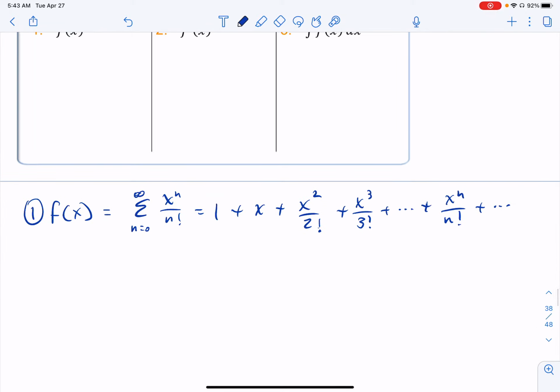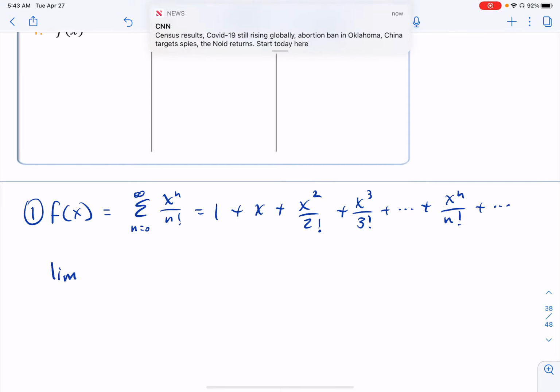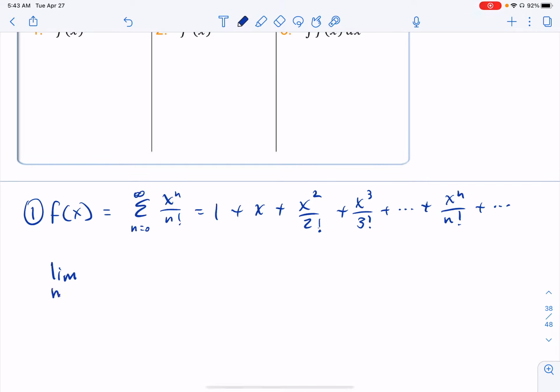Now, in order to find the interval of convergence, we must perform the ratio test. Limit as n goes to infinity of the absolute value of the n plus 1th term, x to the n plus 1 over n plus 1 factorial, divided by the nth term, so I'll have to multiply by the reciprocal, n factorial over x to the nth power.